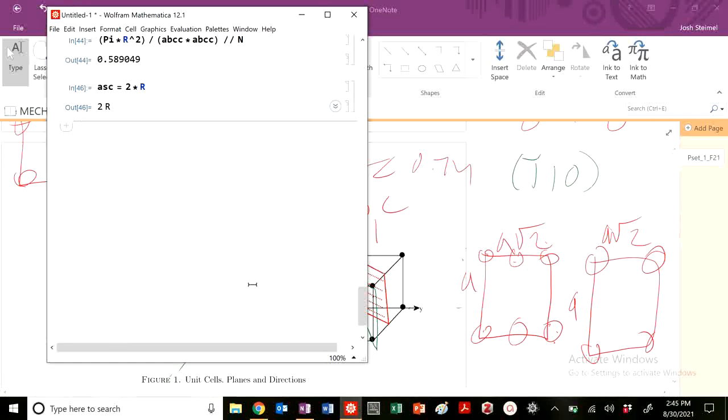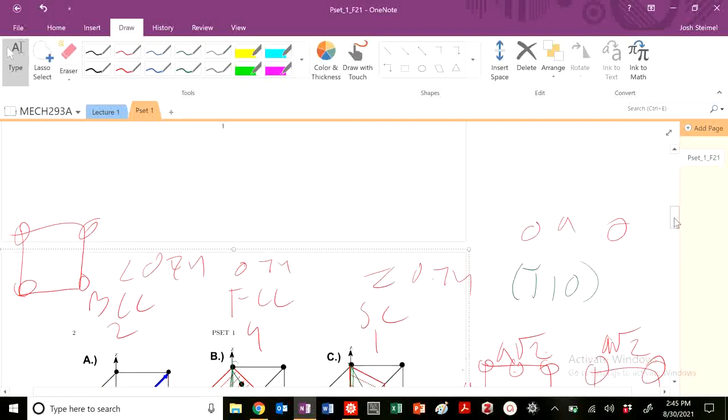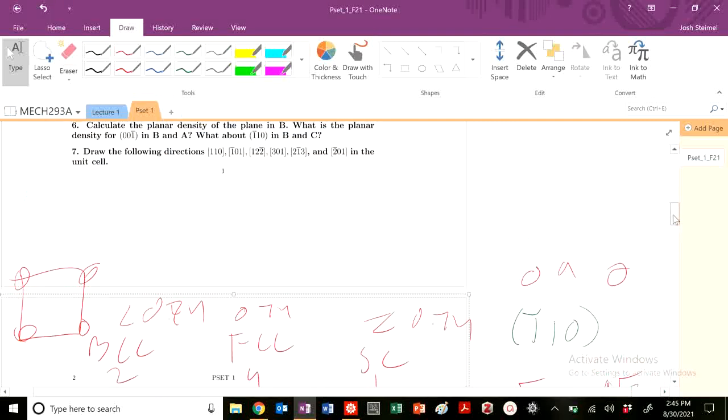So now what we're going to do is pi times R squared divided by, so one atom times the cross-sectional area, divided by the area of my plane, which is going to be A SC times A SC times square root of 2. Look at this. Better not be close packed, and it's not close packed. So those are our planar densities.